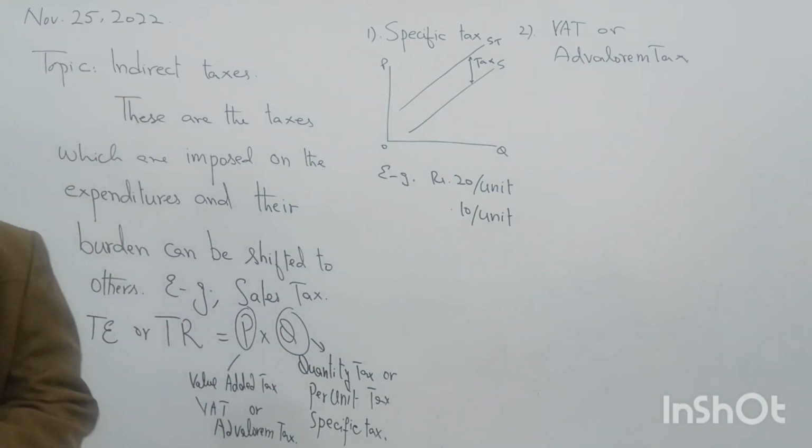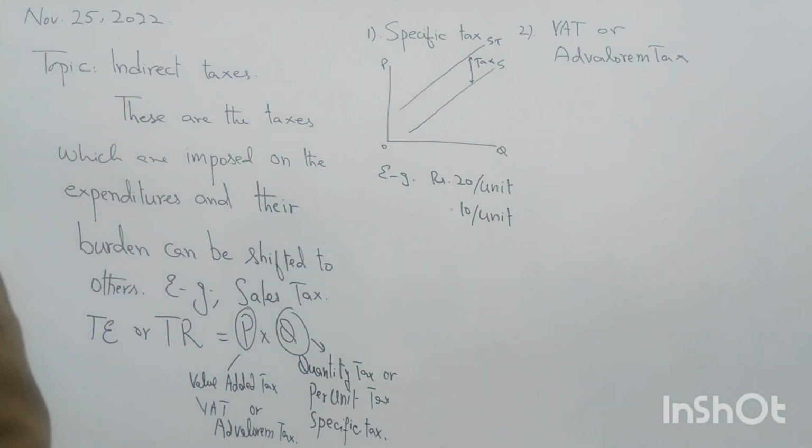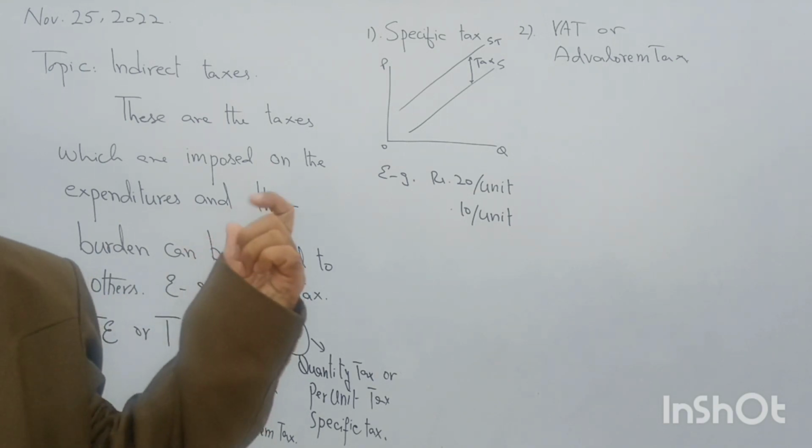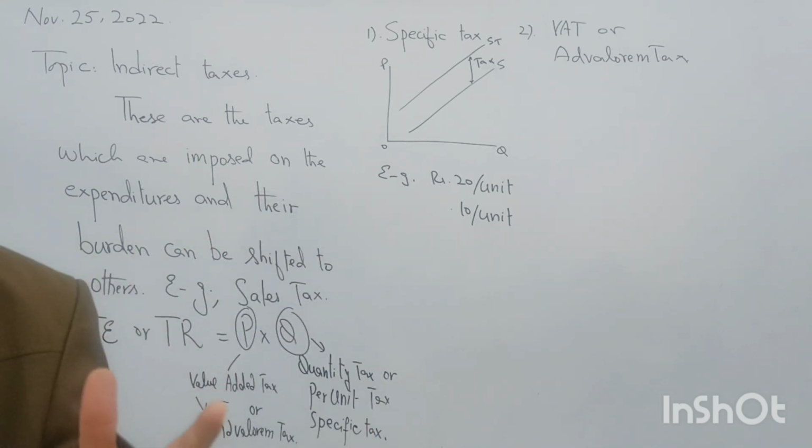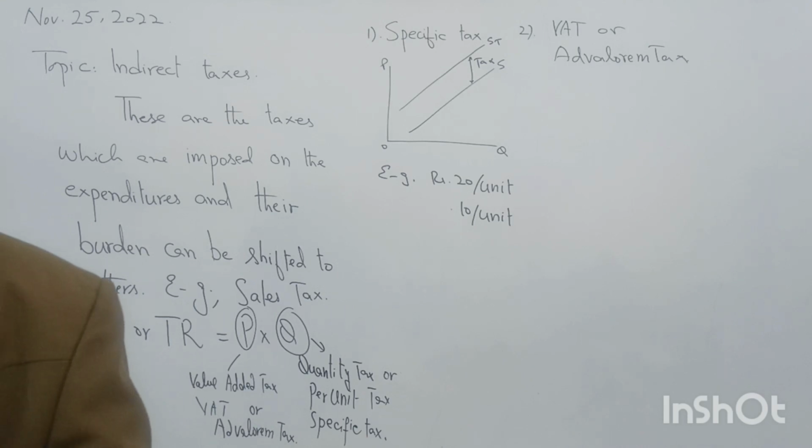Each unit, for example, if you are buying 1 unit of a commodity, you have to pay 20 rupees tax. If you are buying 2 units, you have to pay 40 rupees as a tax. So if you are buying 3 units, 60 rupees is the tax. So as the number of units produced or sold are increasing, the amount of revenue will also be increased for the government. The tax revenue will be increasing.